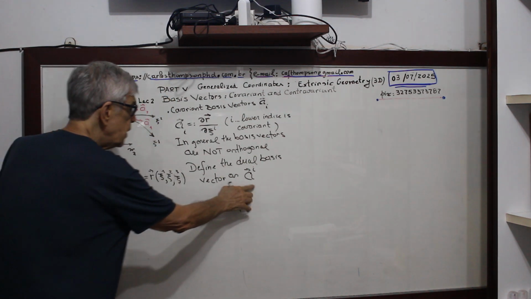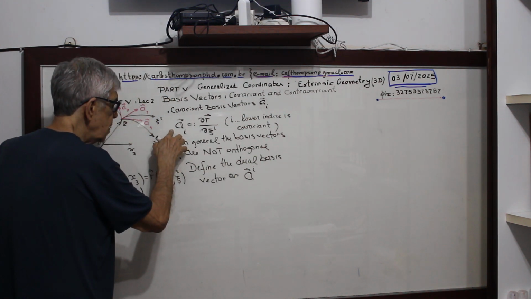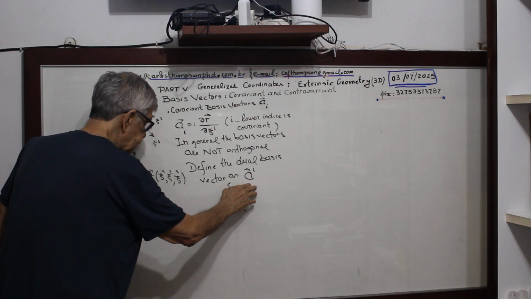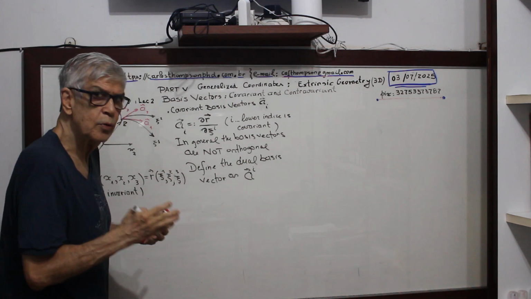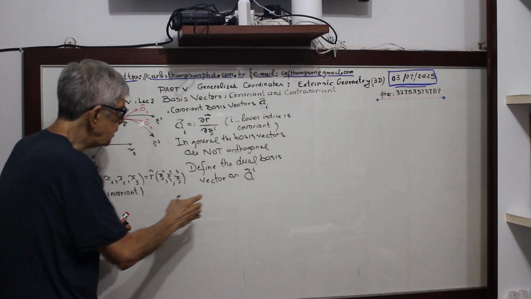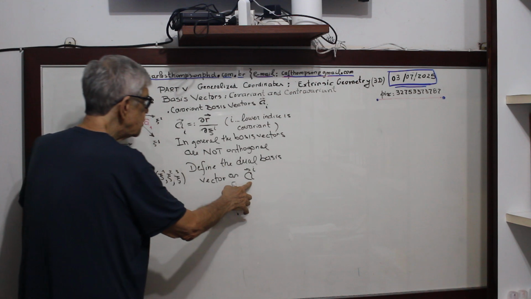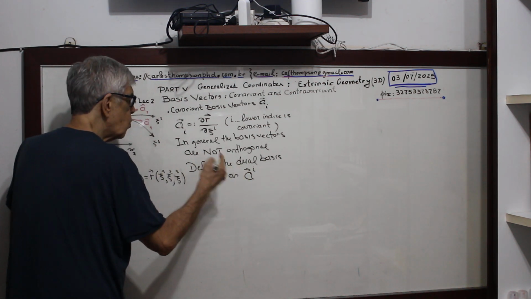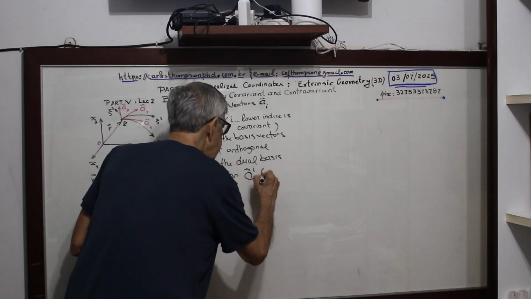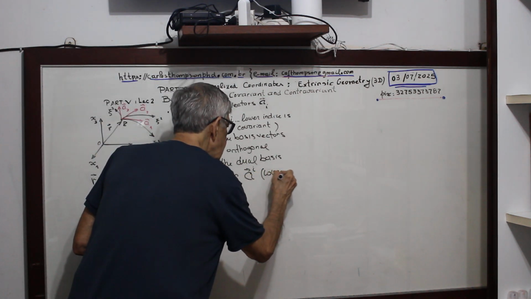This is completely different from this. Then I will show the relation between this basis vector and the dual basis vector. This is called covectors.